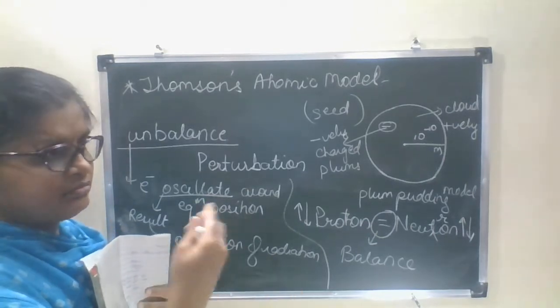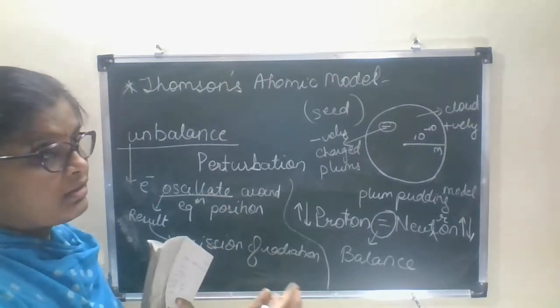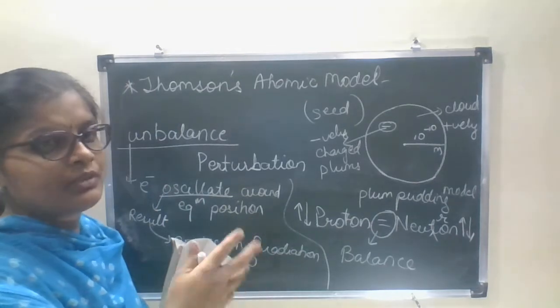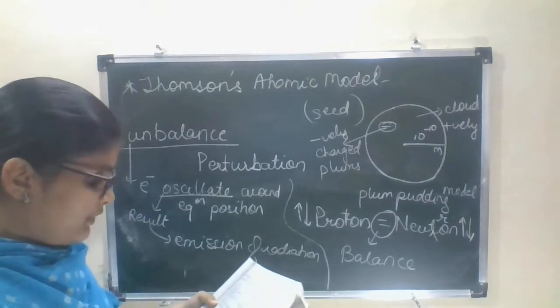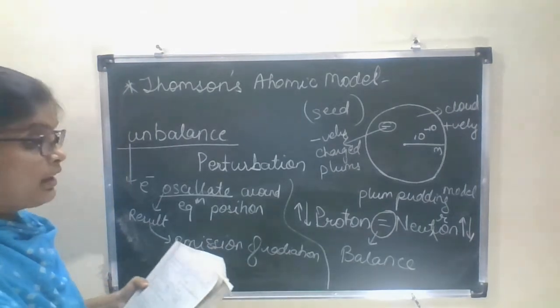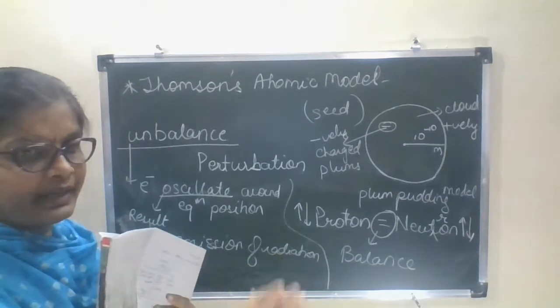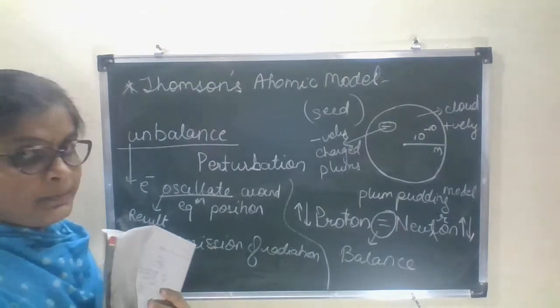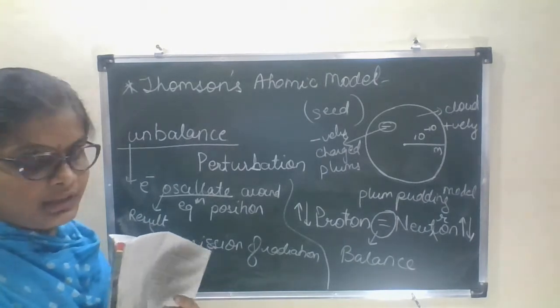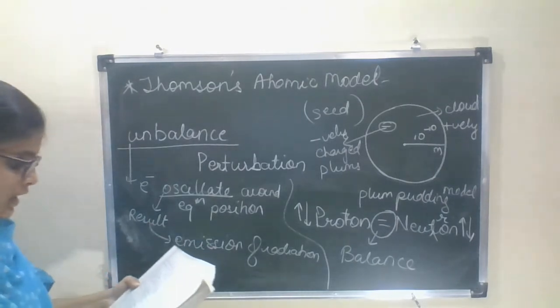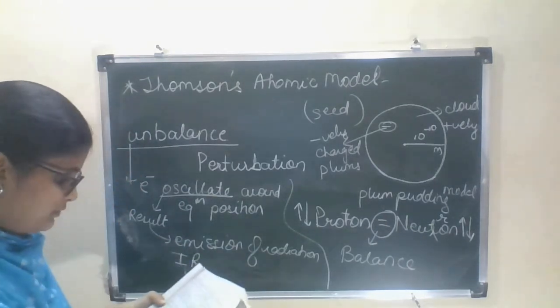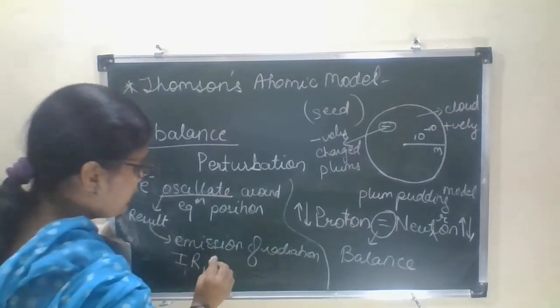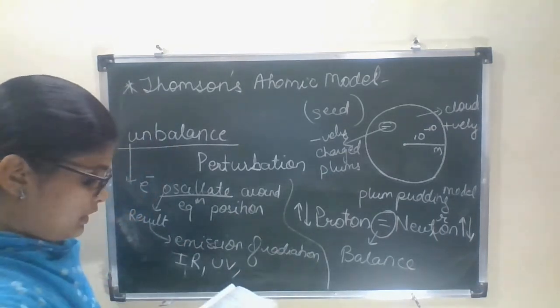That is not indefinite. We cannot say we did not know what sort of frequency it was. They had typical frequencies, and according to the frequency we categorize the radiation and name it as infrared. I am writing here in short: infrared, then ultraviolet, and visible.